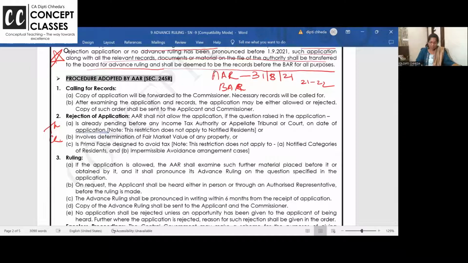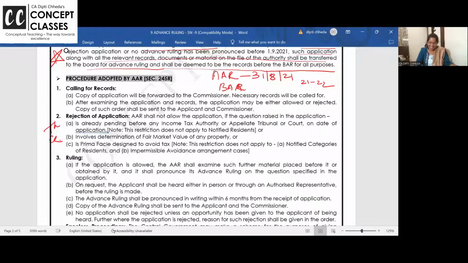Okay. Now, theory question: what are the cases wherein your application will be outrightly rejected? You are going to a very higher authority, advanced. You know how you study accounts and advanced accounting? In Inter you study taxation. This is like advanced taxation.